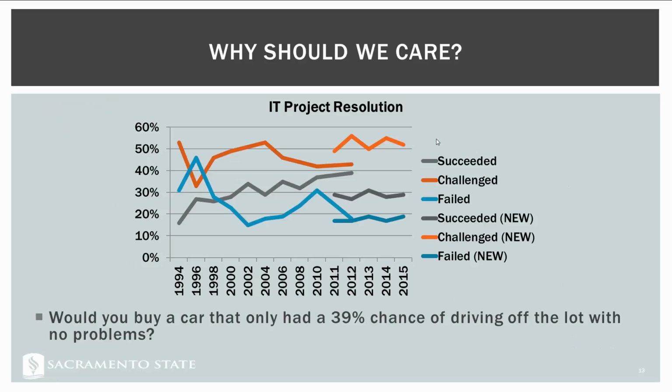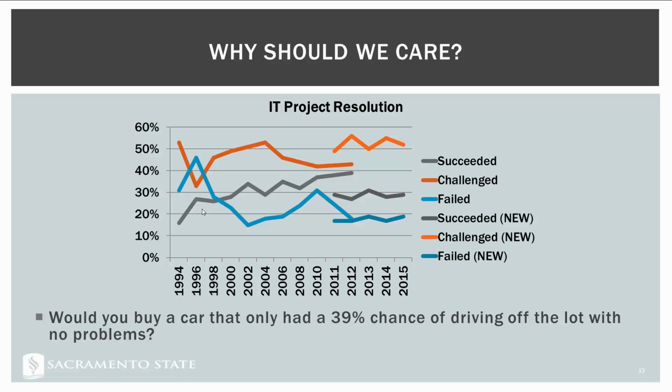Let's move on to this. There's an organization called the Standish Group, and every year they do a report that they call the Chaos Report. They started many, many years ago. The data that I have in this chart begins in 1994, and they evaluate whether IT projects succeed completely. For those of you who can see, the success is the gray line here.